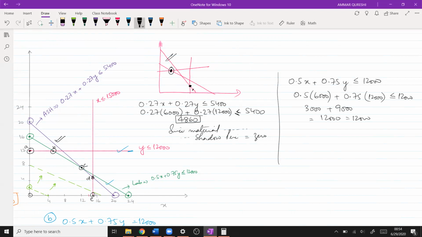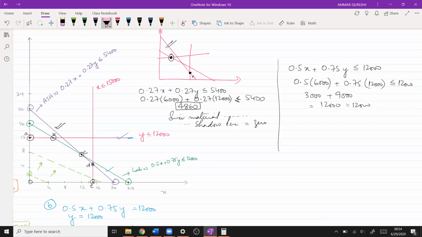So since labor is a binding constraint, we can calculate its shadow price, right? Now, how will we calculate its shadow price? It's simple. We just need to identify those equations which are developing the solution. This line is the solution now.